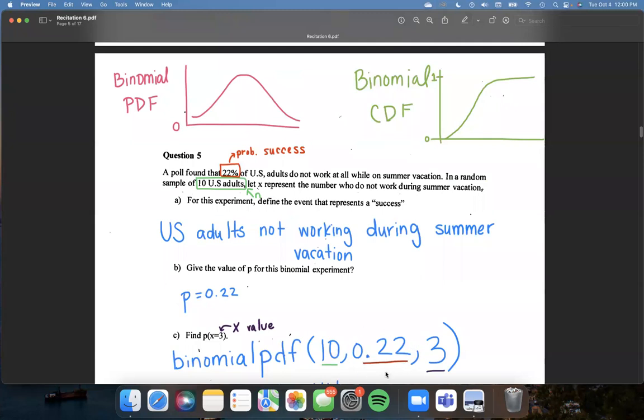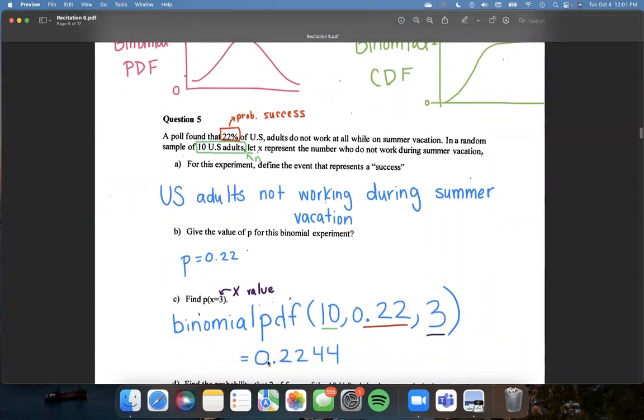Next it wants you to input the probability of success. In this question, it would be 22%. And here we want to find the probability that X equals 3, so our X value is 3. When you put this into your calculator, it'll be 0.2244.